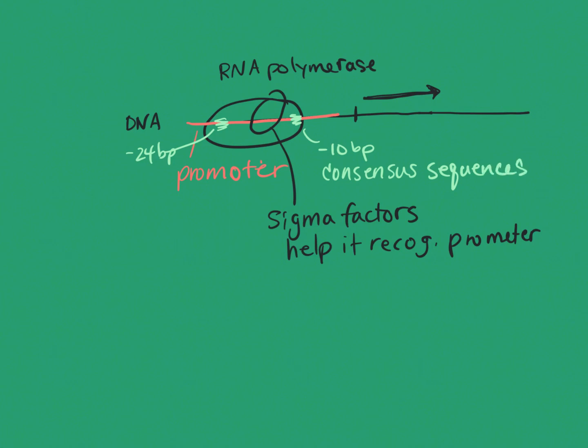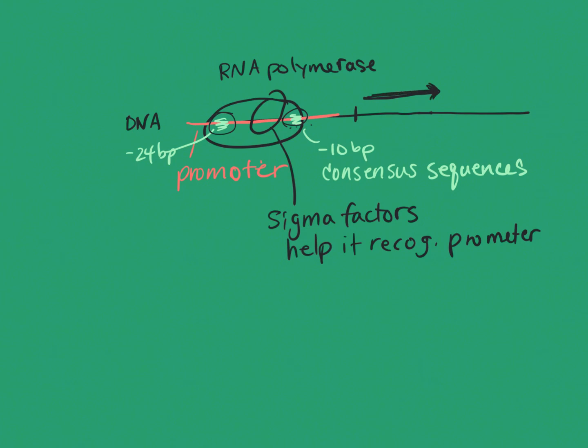So we said that the RNA polymerase especially will recognize those regions, and if that sequence of base pairs in that -10 and -24 region is close to this consensus sequence, then the RNA polymerase is more likely to bind.